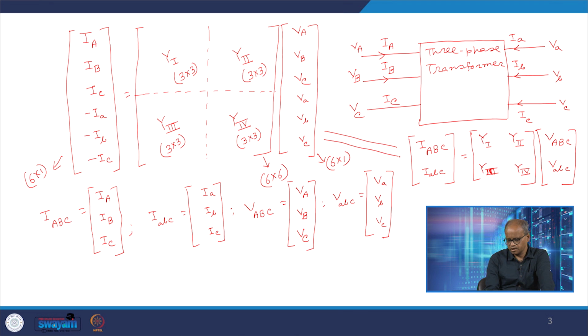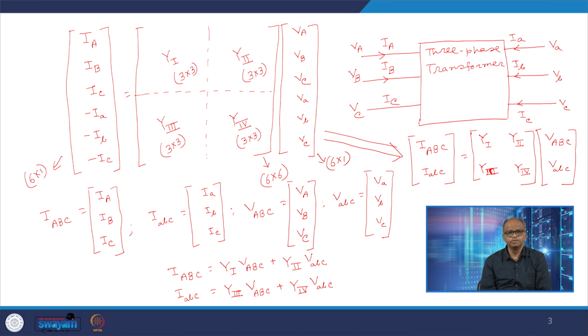From this we can get our relations: I A B C is Y1 times V A B C plus Y2 times V small abc, and I small abc is Y3 times V A B C plus Y4 times V small abc.